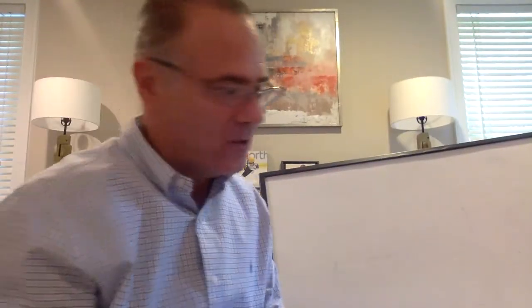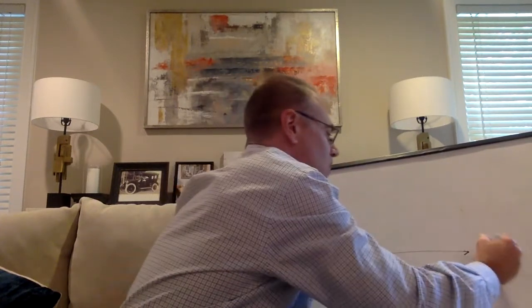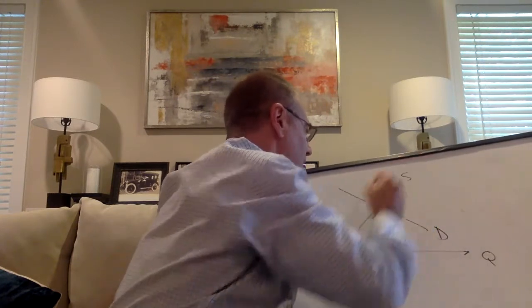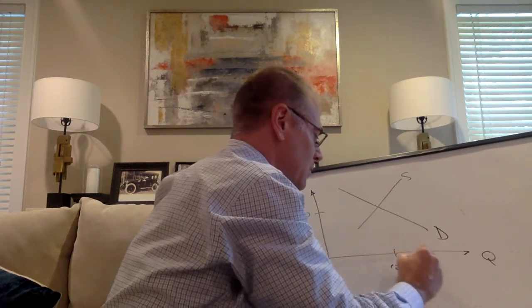Okay. So I want you to think about this. So before we had price, quantity, we have demand, we have supply. Before we had 500 as market clearing price, 1,000 as market clearing quantity.